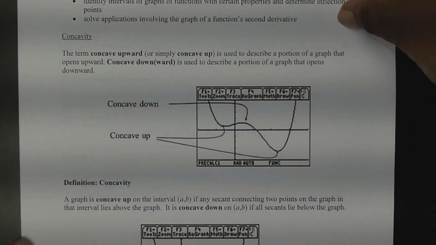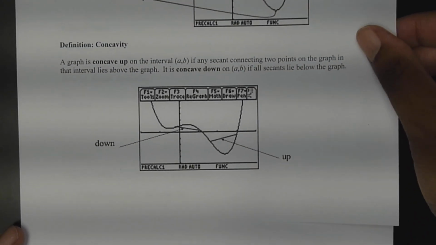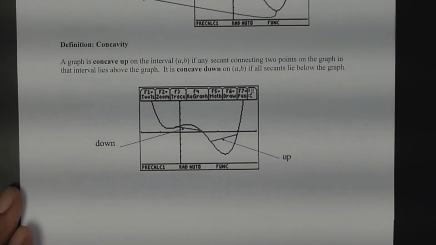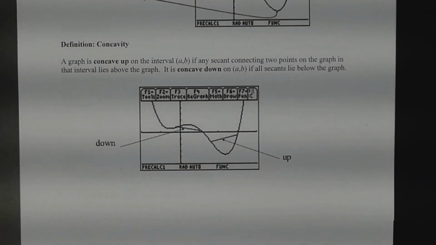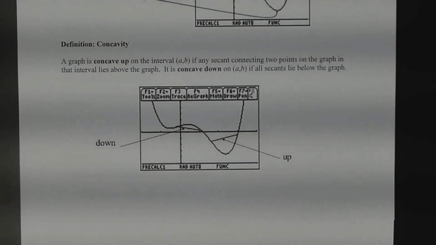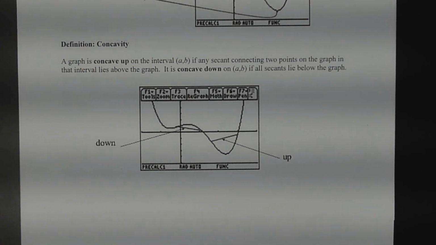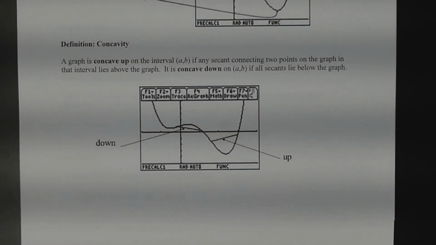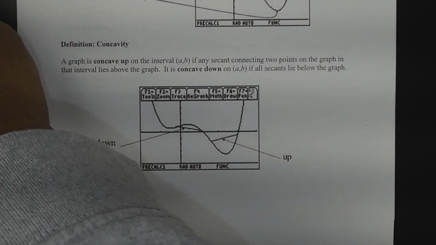Now another way you can look at concavity would be something like this. If you have any secant connecting 2 points on the graph, and on that interval it lies above the graph, then we can say that the graph is concave up. So something that's concave up would look like this.